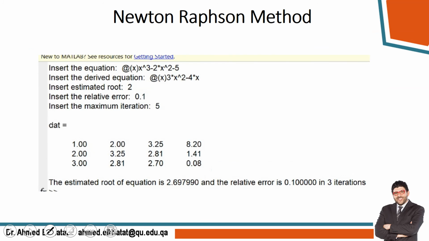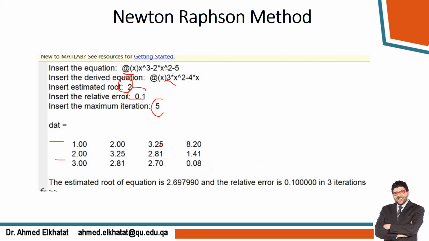here, insert the equation. Remember again that we put x between parentheses and put the equation. This is the derivative equation. This is the estimated root 2.2, the relative error is 0.1, and the maximum iteration is 5. The solution is reached in only 3 iterations.